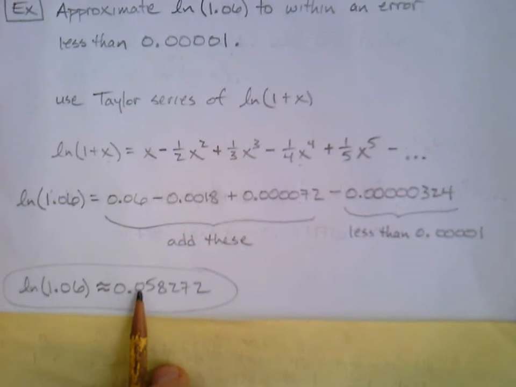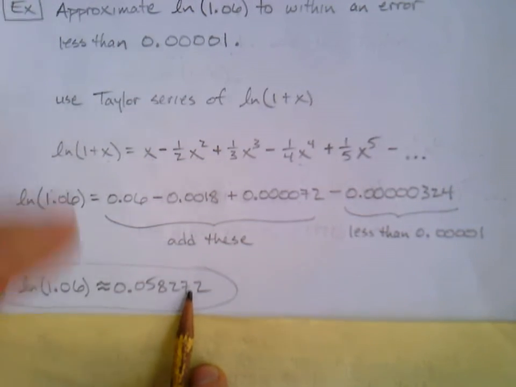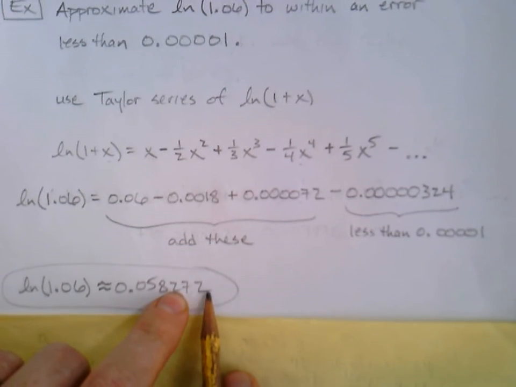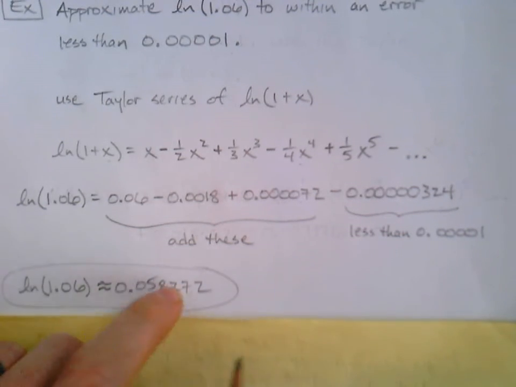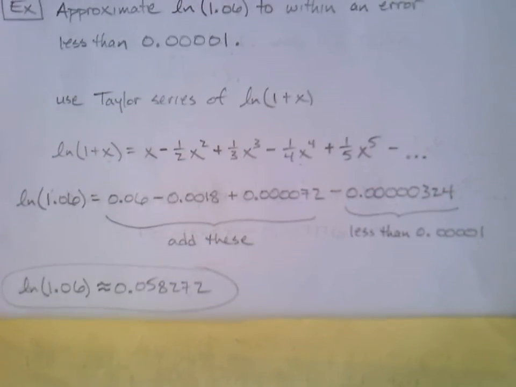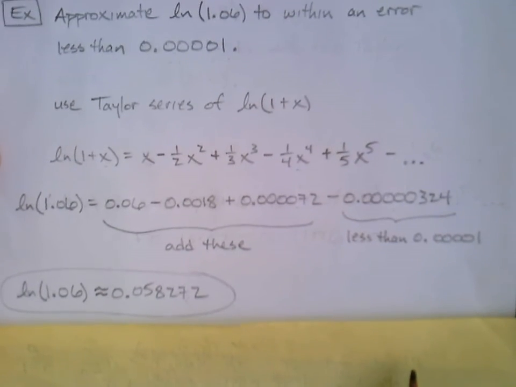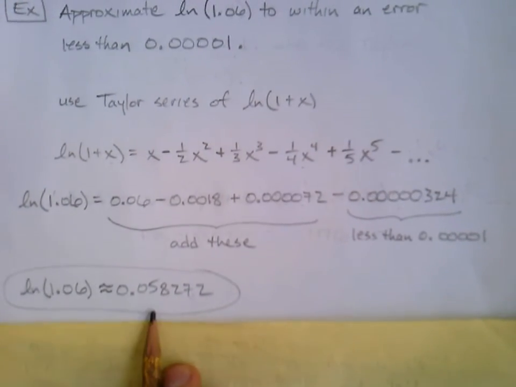So where this is what the error is, 0.00001, if I was to include this number, I think it would only affect numbers even beyond this value here. So I'm good. It's not going to change it beyond what I care my error to be. Okay, well, that's the answer here.